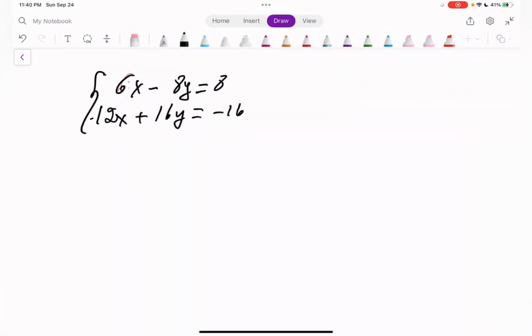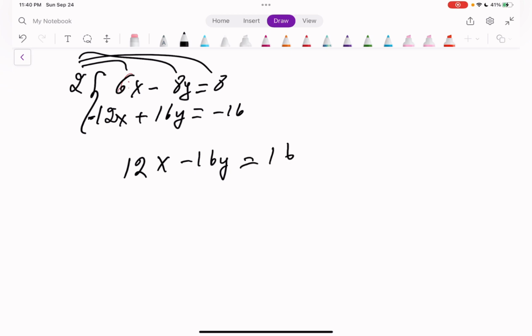That's why I wasn't getting the right answer. Okay, so multiplying just by 2. 2 times 6x, it's going to be 12x. 2 times negative 8y, it's going to be negative 16y. 2 times 8 is 16. Negative 12x plus 16y equals negative 16.